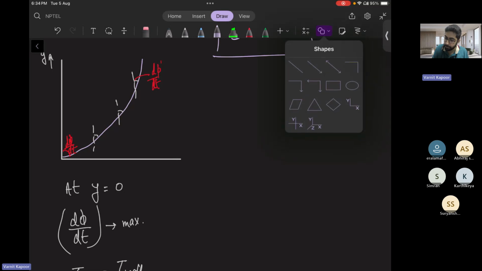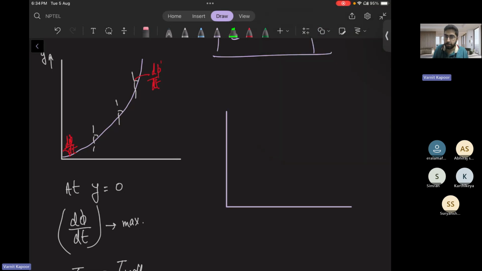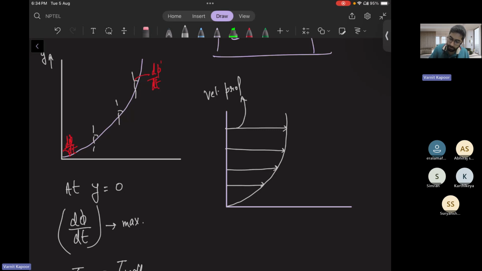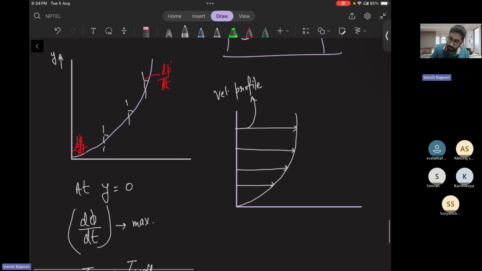Let me draw. The velocity profile is looking like this again. This is your velocity profile distribution. And your shear stress profile will look something like this.